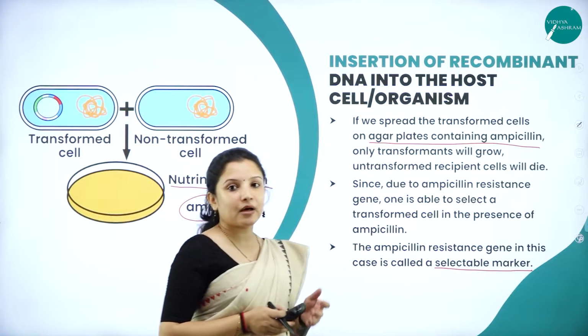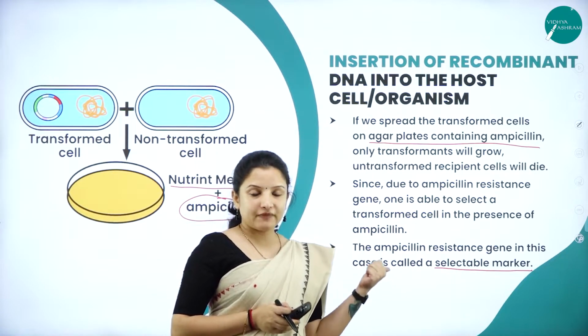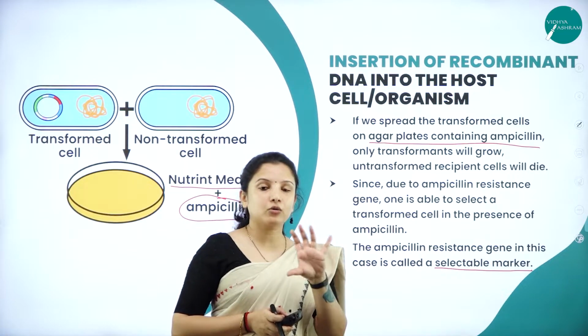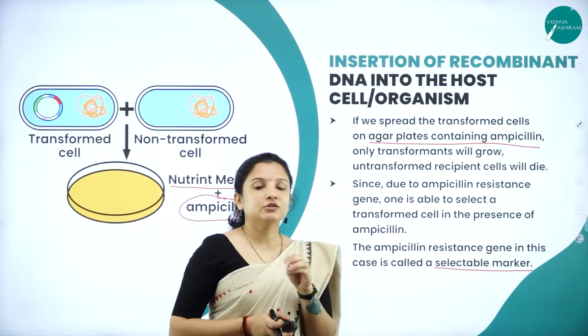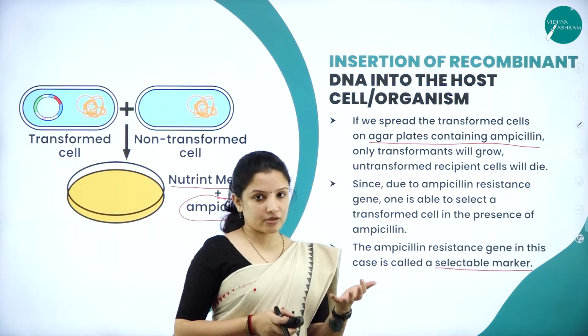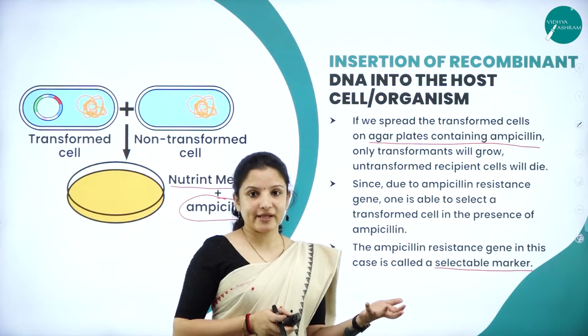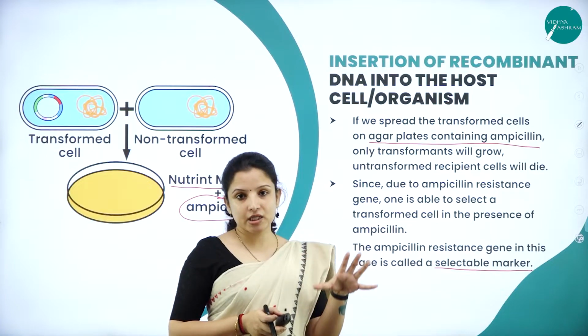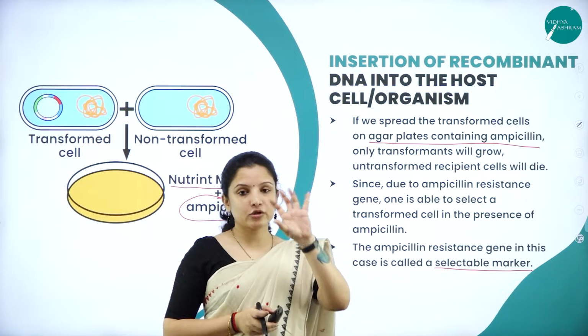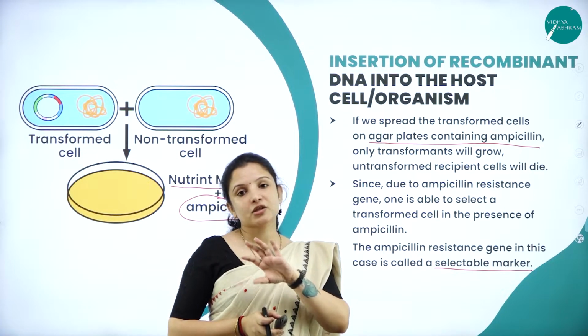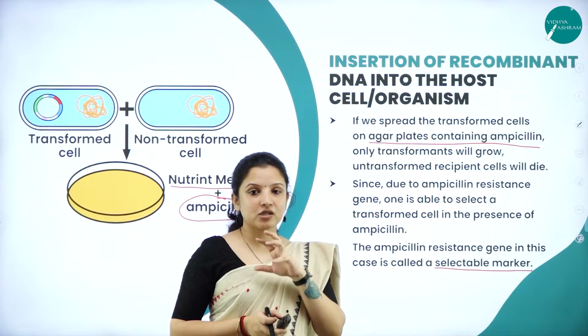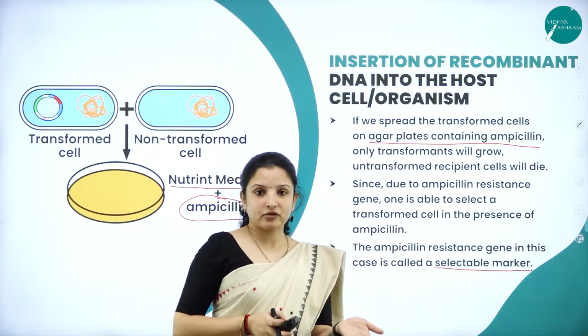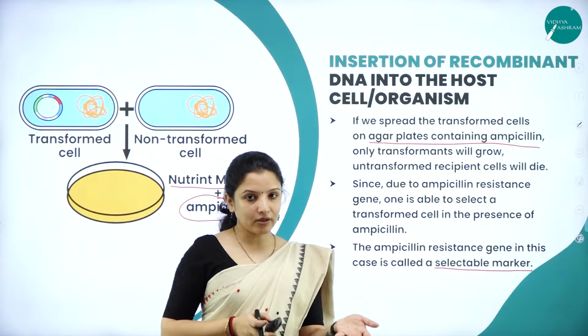If you remember, in the previous session we studied about a vector, pBR322, a plasmid which had different regions. Apart from the origin of replication region, there was a selectable marker region, wherein you can use any kind of antibiotic such as tetracycline or ampicillin.